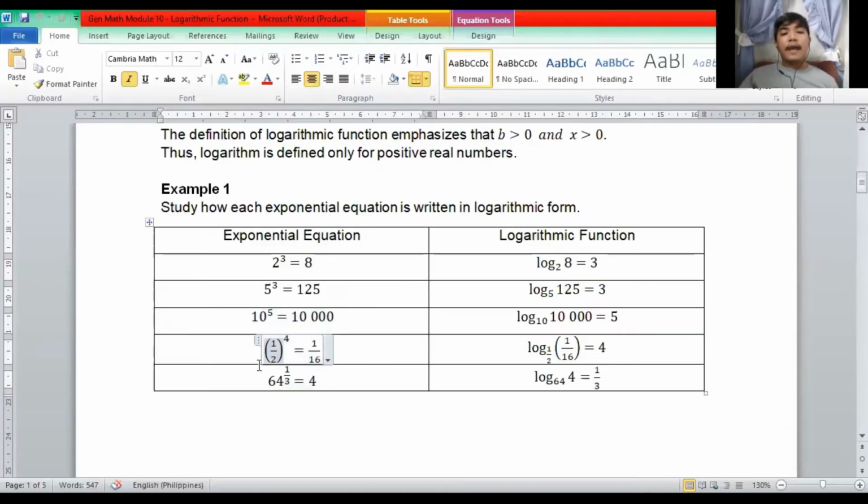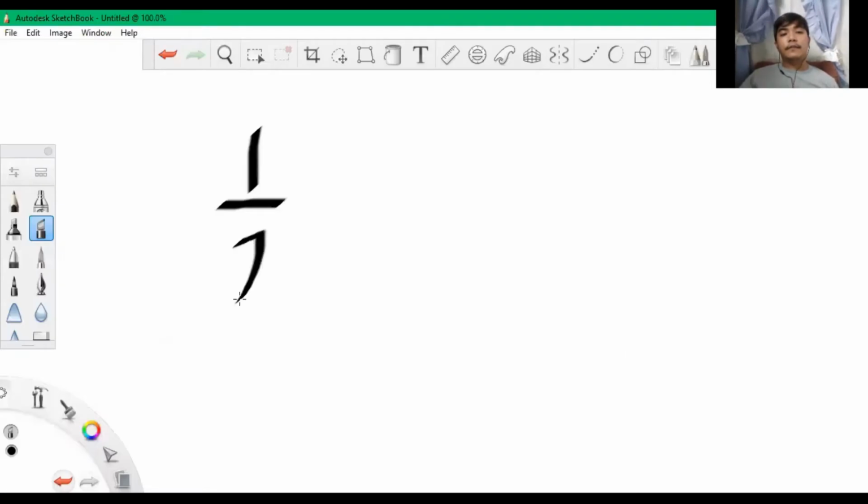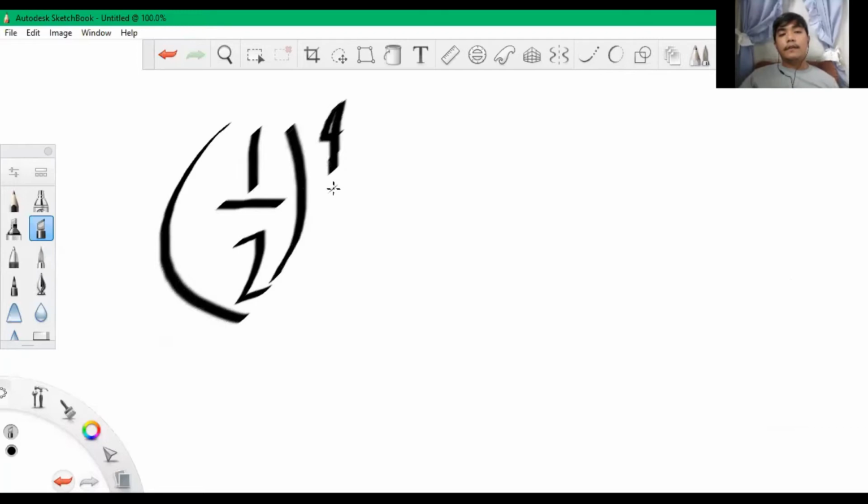Next, we have 1/2 raised to 4 is equal to 1/16. So let's have 1/2 raised to 4 is equal to 1/16.